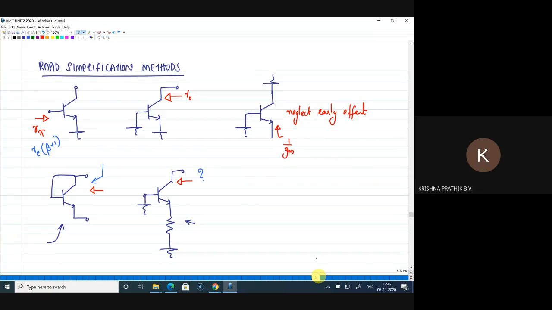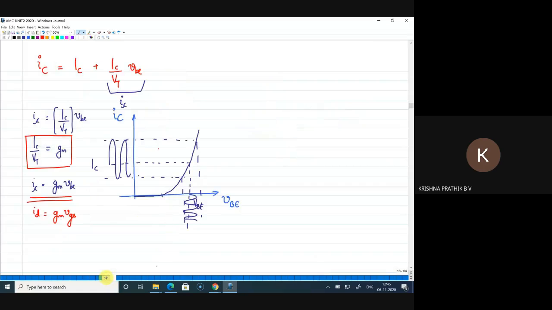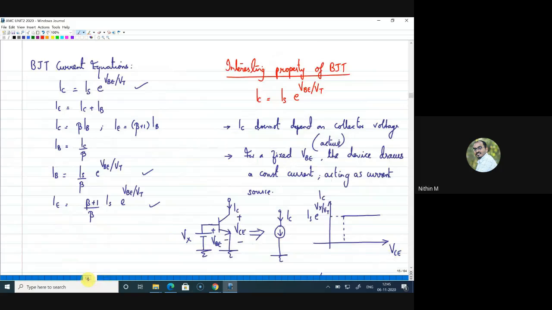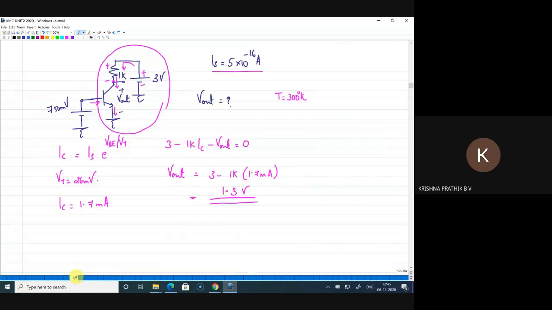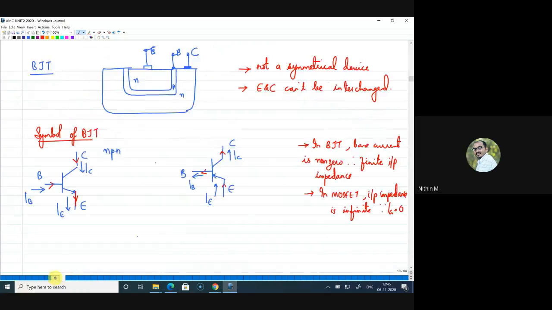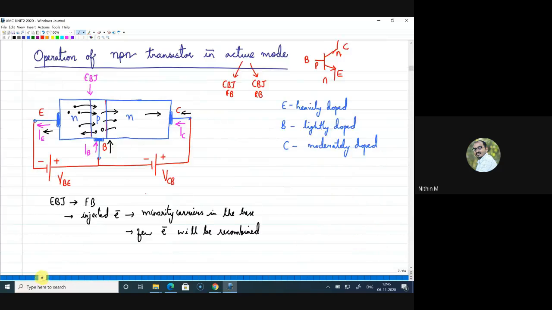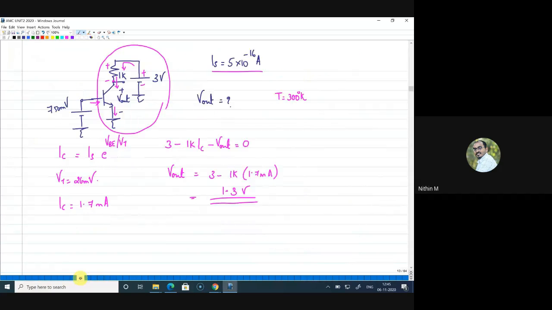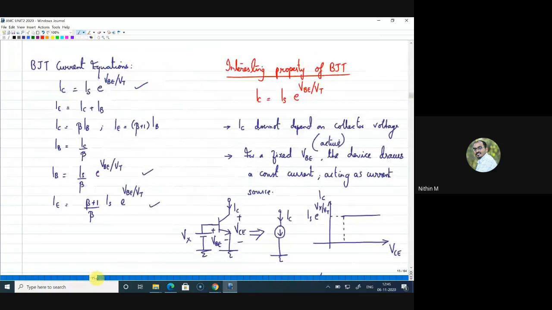No, not that. Probably, Krishna Pratik, you did not follow the initial classes. Only the re part I'm not understanding. That is what we have done, that we have included it. Probably you would have missed that class.